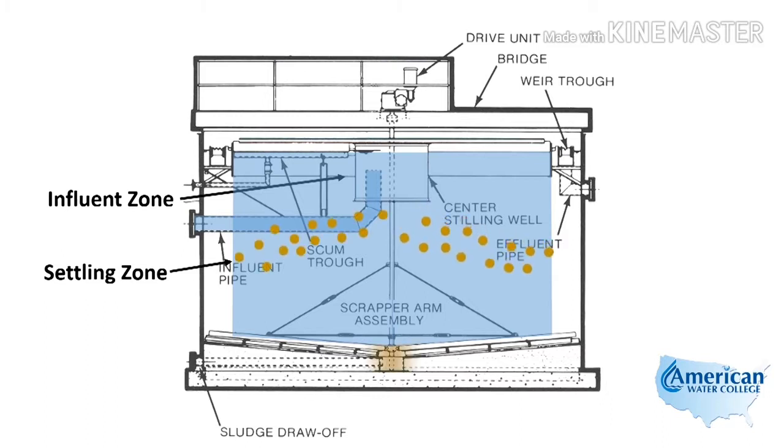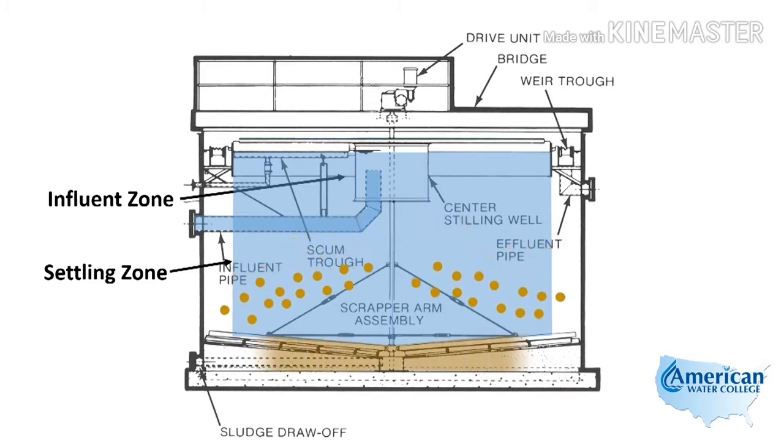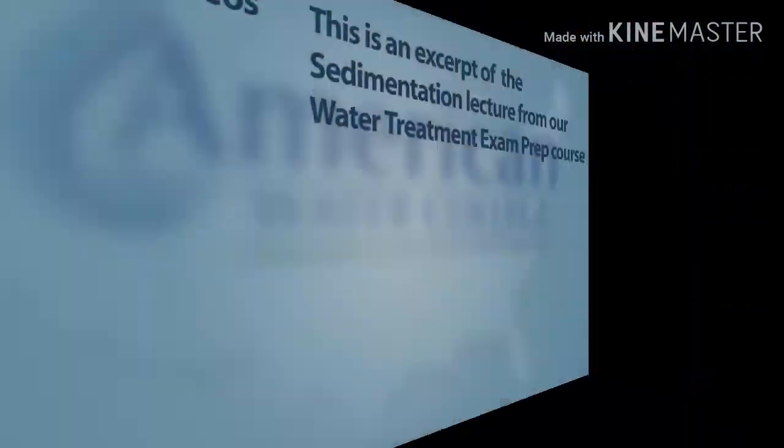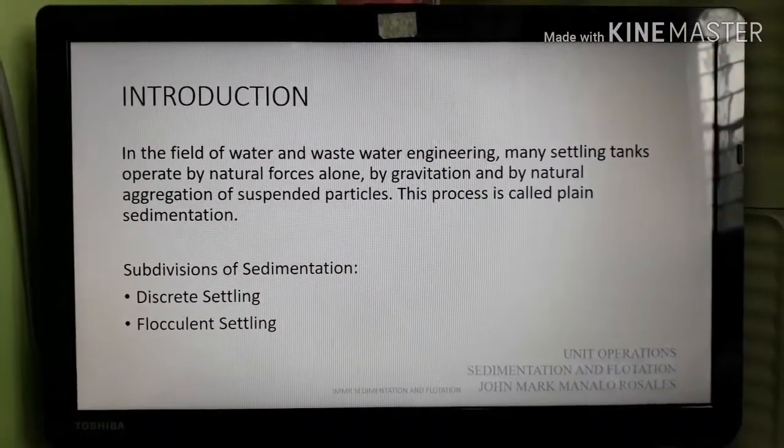Settleable particles settle out, they enter the sludge zone at the bottom of the clarifier, and the outer edges make up the effluent zone. On a circular clarifier, the effluent weir goes around the entire circumference of the clarifier, and that is the effluent zone.